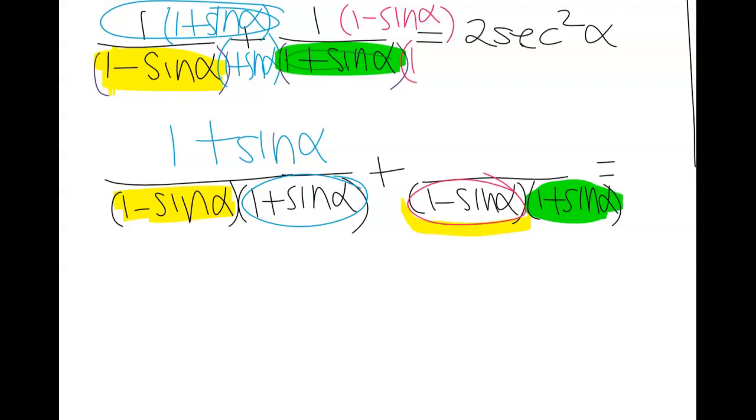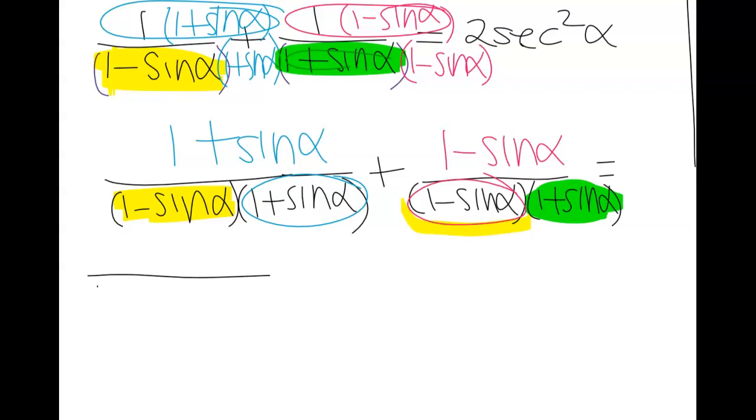Remember, we don't want to change the meaning of the expression, we just want to change the way it looks. So 1 times that is just going to be 1 minus sine alpha.